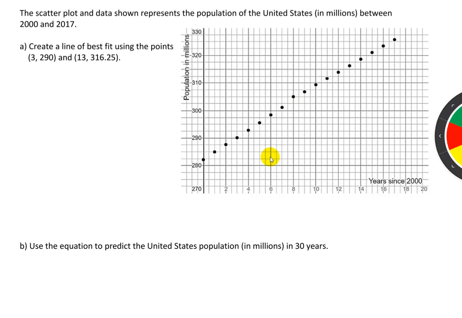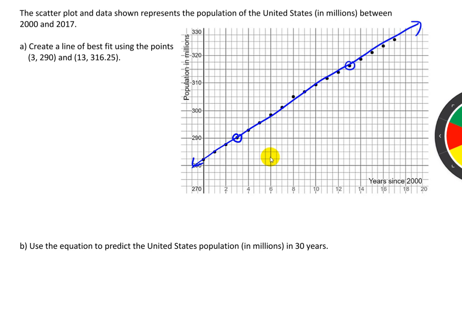We're going to use this one, 3 comma 290, and 13 comma about 316.25. So it looks like it's going to be that one. If we were to just create a line, I hope I can draw a good line. Oh gosh, that's not a good line. Whatever. Better with a ruler. But basically that's what we're doing.